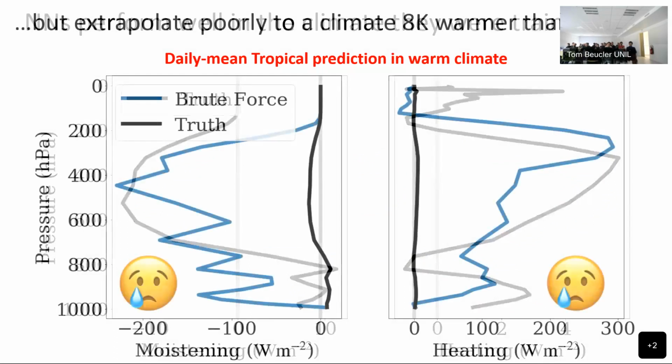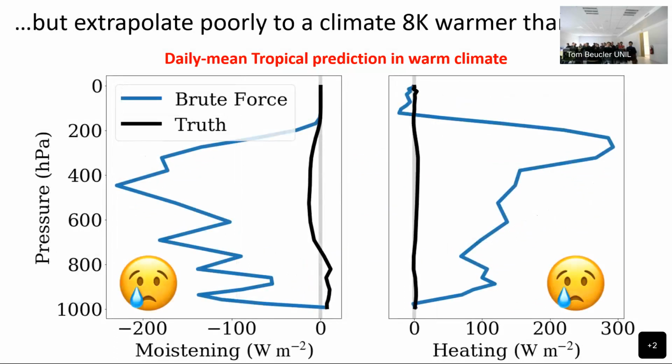And then they fail really miserably. They fail by a factor of 5 to 10, so you're not looking at an epsilon here. So neural networks in that case generalize really badly in the tropics of a warm climate they were not trained on, because it's much, much warmer.